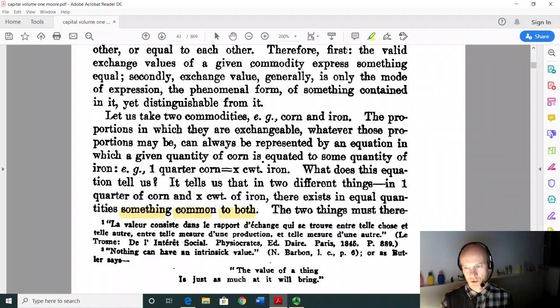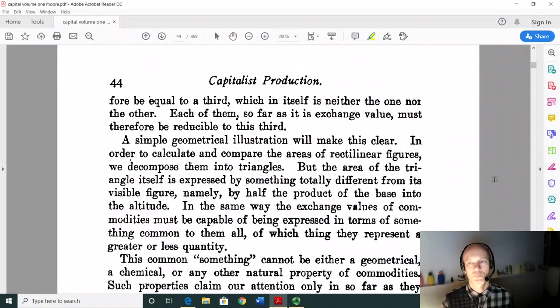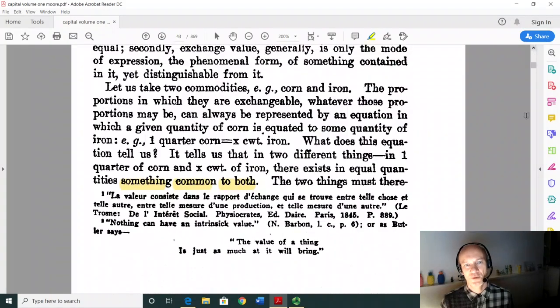So concretely very different things. There are different quantities of them, but the fact that we treat them as equal presupposes that we must have in our mind some idea that there is something in them that they have in common. Now the question is, what is this something? I can give you the answer already. This something is called value. That's basically the subject matter of Marx's argument here.